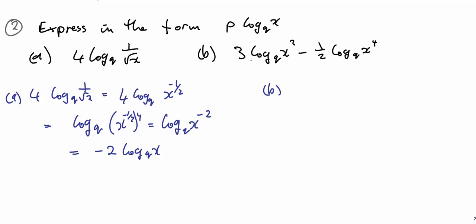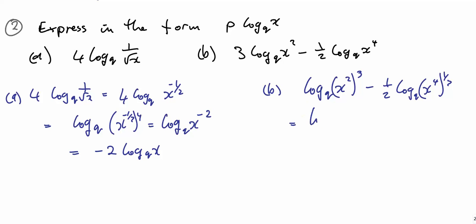Part B, using the power rule on each of those, we'd have 3 log x squared would be log x squared cubed, and minus a half log x to the power of 4 to the power of a half.